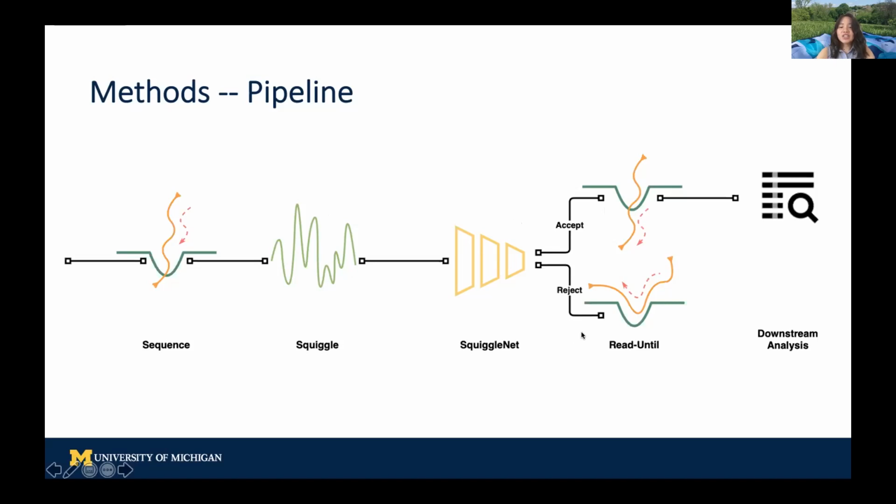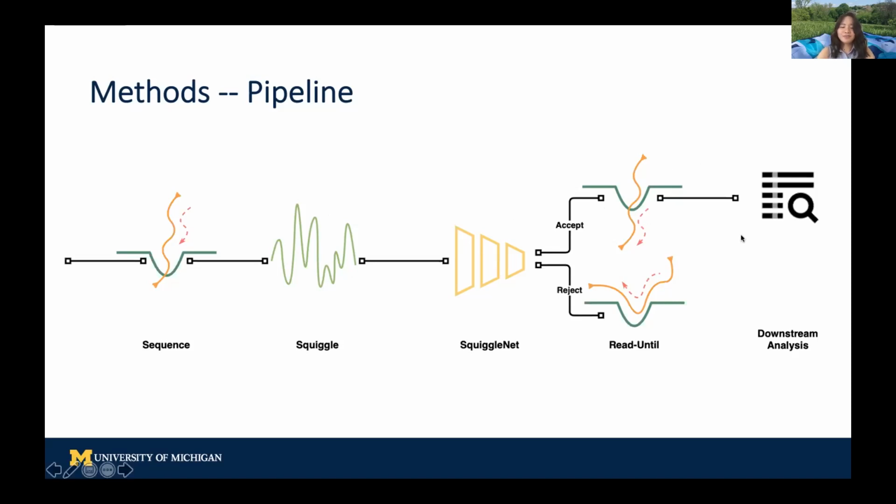Molecules of no interest will invoke the read-until API to be ejected from the nanopore, freeing up the pore for another sequence to run through. In contrast, targeted molecules are accepted and sequenced to full length and used for any downstream analysis that you prefer.